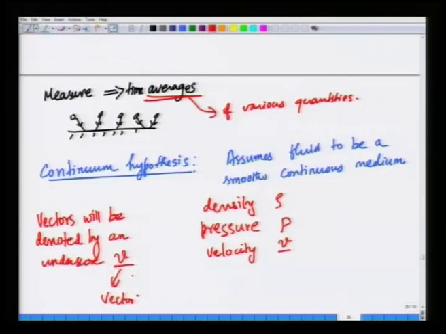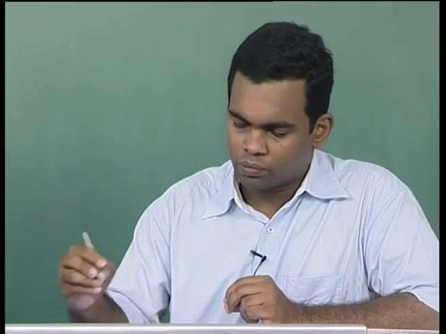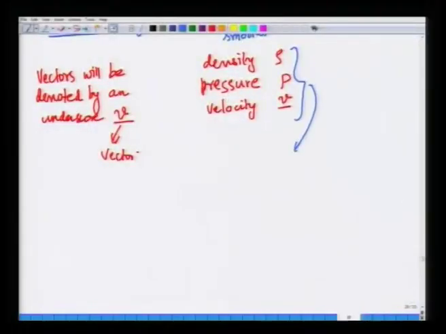So, there are various quantities in a fluid like density, pressure, velocity. All these are assumed to be smooth functions of spatial coordinates, for example, x, y, z.